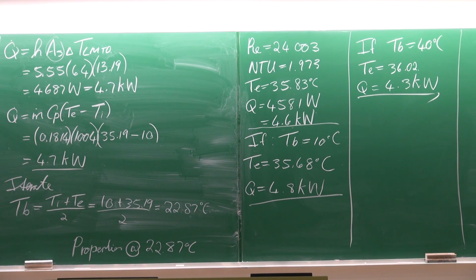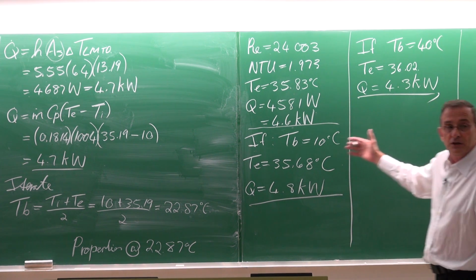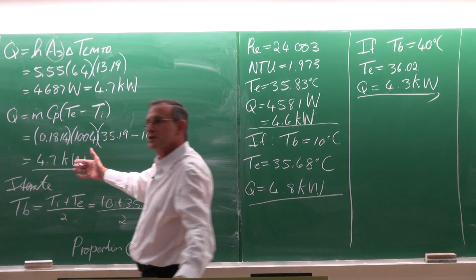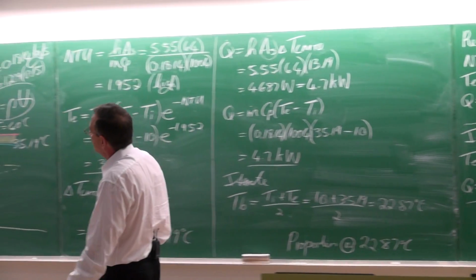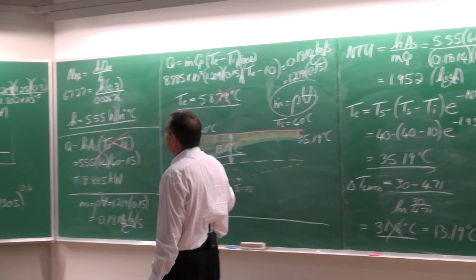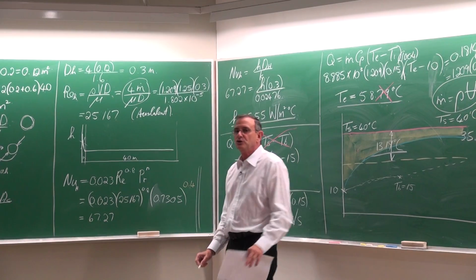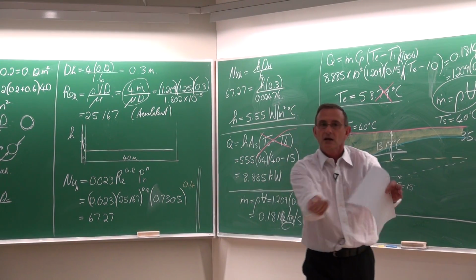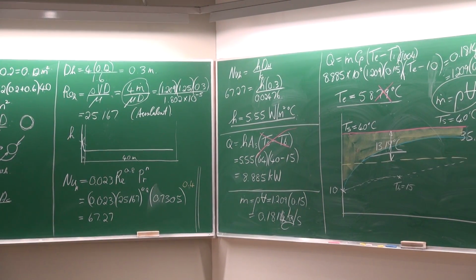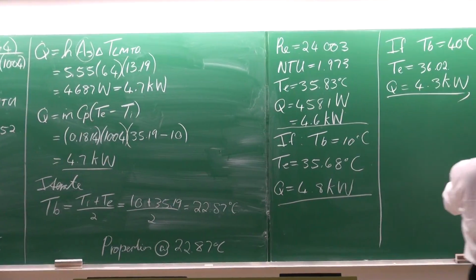Let's suppose, in terms of your critical evaluation of this problem, you've said, but you know, this fact that you've used the Dittus-Boelter equation, it's maybe not such a good approach. Maybe you should use something a little more accurate, like the equation of Gnielinski. Okay, so let's do that.